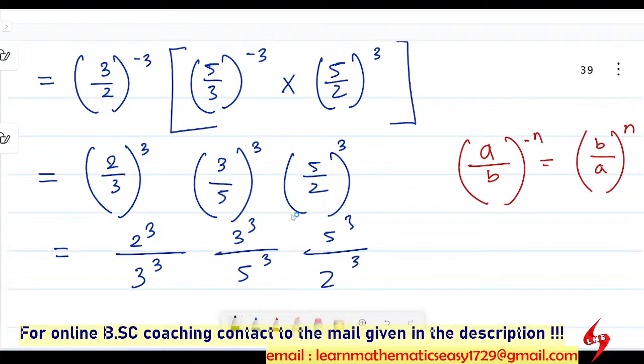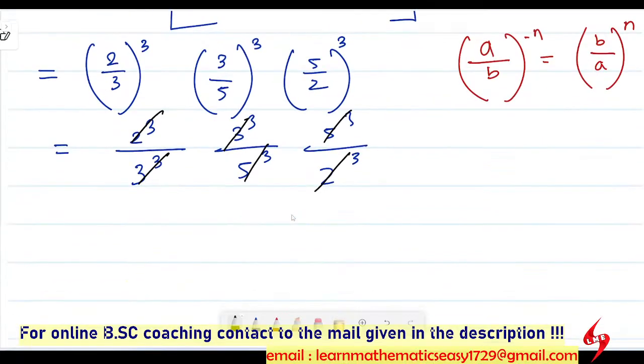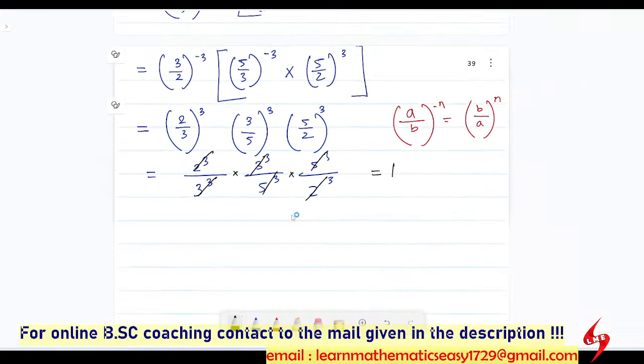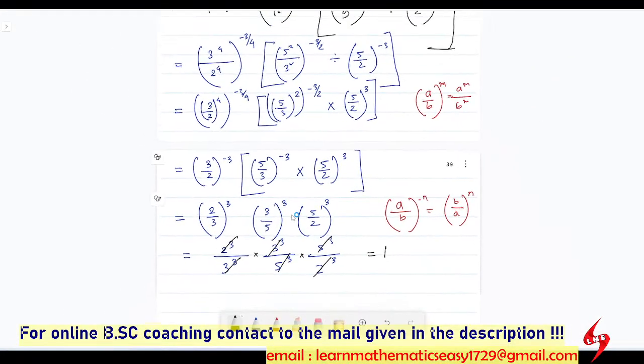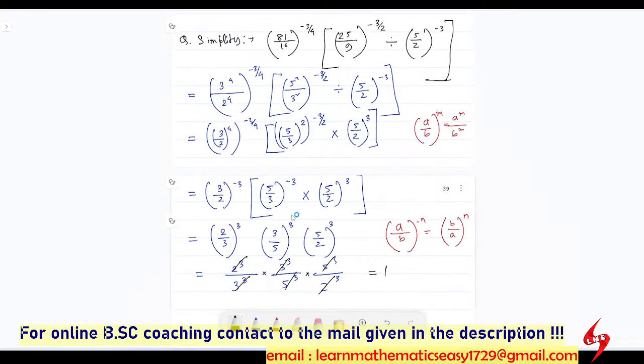So here 5 cube cancels out, 2 cube, 2 cube cancel out, and 3 cube, 3 cube cancel out, because all are multiplication here. So the number will be 1. Check this now.